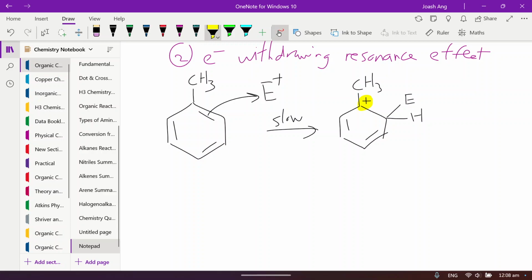So that's why this is actually a tertiary carbocation, and thus you can see that the attack of the electrophile on the second position carbon is actually preferable. If you want to attack it via, for instance, the fourth position, I can show you right here.